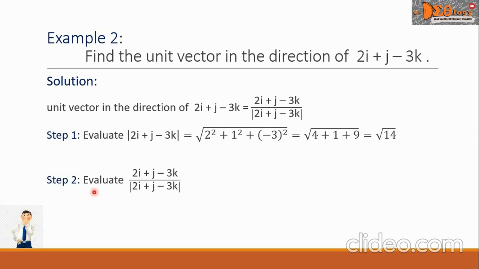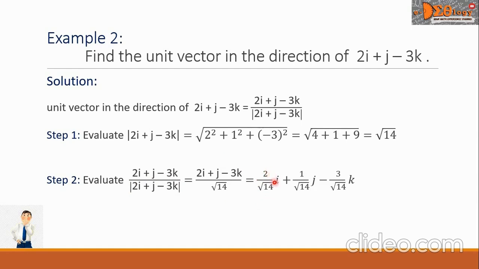Now step 2, let's evaluate the unit vector in the direction of the vector 2i plus j minus 3k all over the length of 2i plus j minus 3k. Substituting the value from step 1, the denominator becomes square root of 14. Let us now split the terms of the numerator with respect to our denominator.